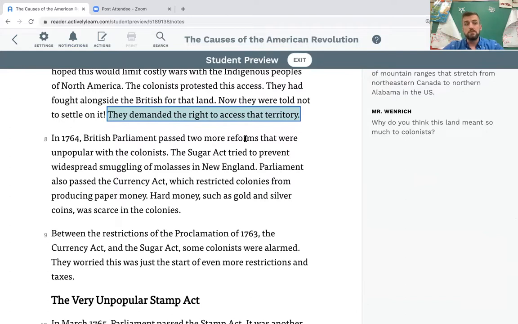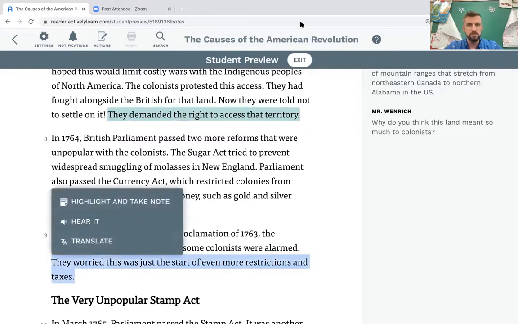Parliament also passed the Currency Act, which restricted colonies from producing paper money. Hard money, such as gold and silver coins, was scarce in the colonies. Between the restrictions of the Proclamation of 1763, the Currency Act, and the Sugar Act, some colonists were alarmed. They worried this was just the start of even more restrictions and taxes.